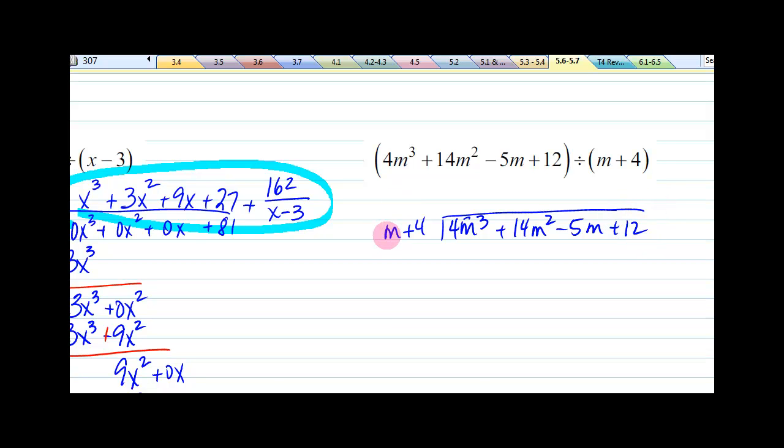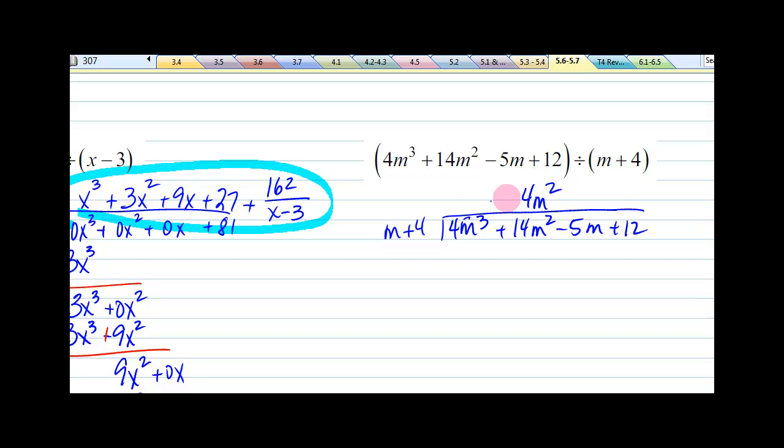I have two terms here, so I'm going to start two terms in when I write. And I think, how do I turn m into 4m cubed? I need to multiply by a 4 and multiply by an m squared.